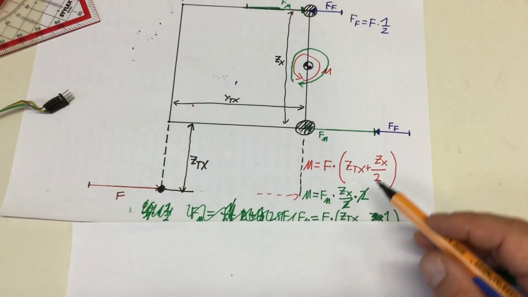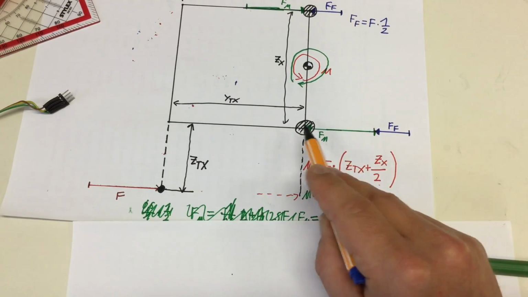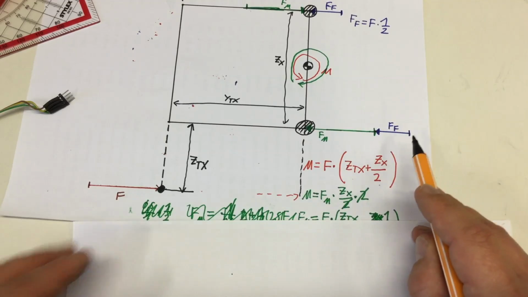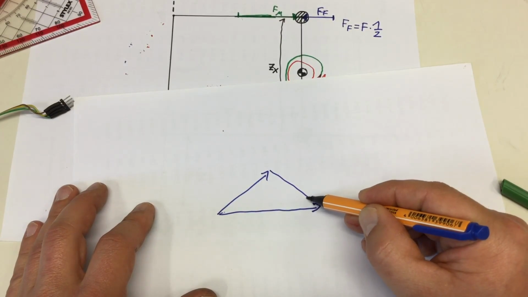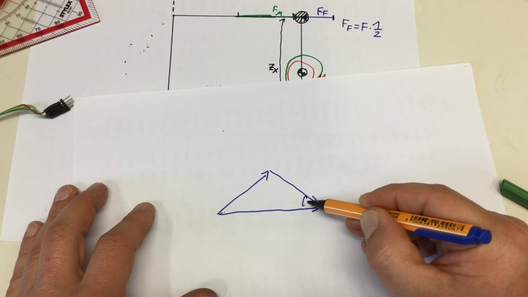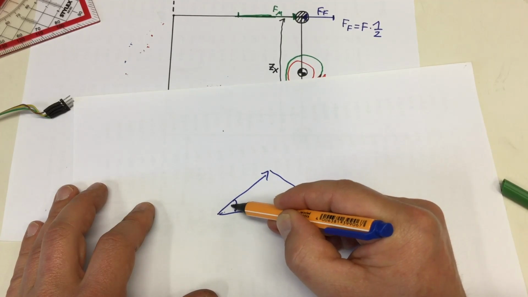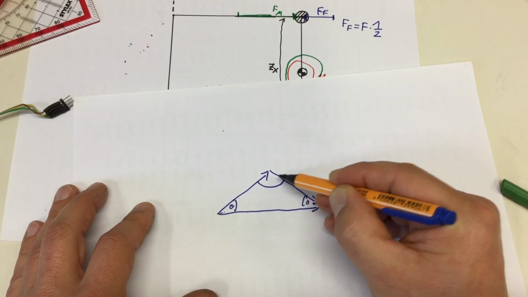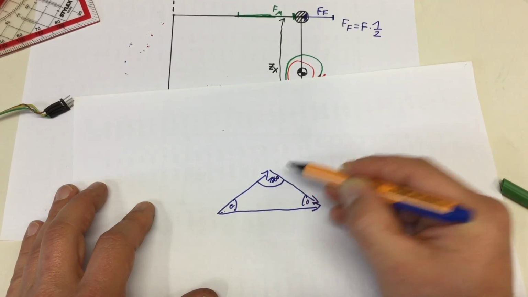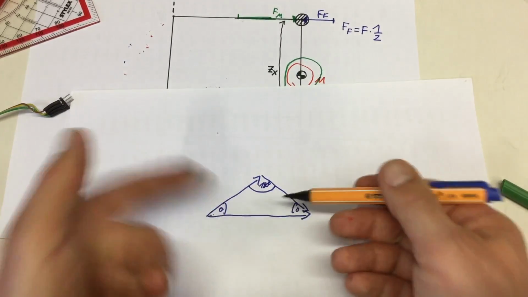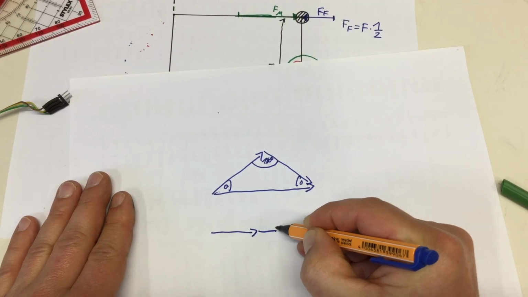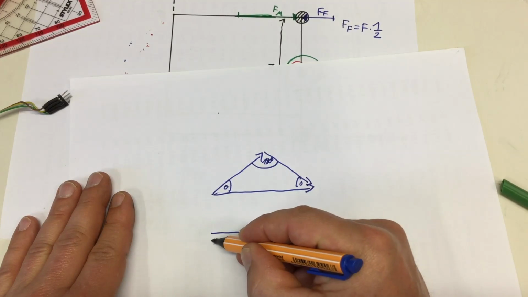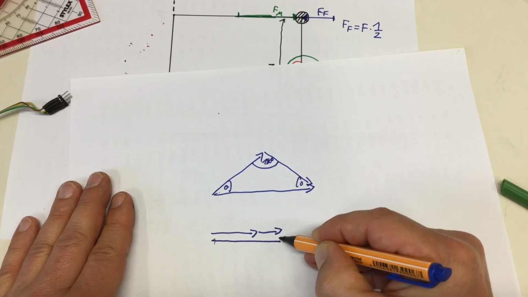This is just a special case of the force triangle, where basically our angles are 0. That is, our upper angle is 180 degrees. So it's all flat in a plane. So I have this force here and another force there, and the resulting force is then simply the sum.